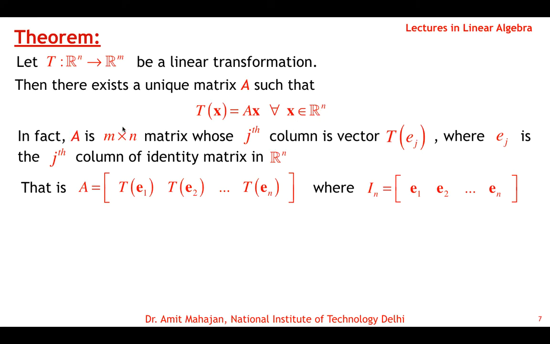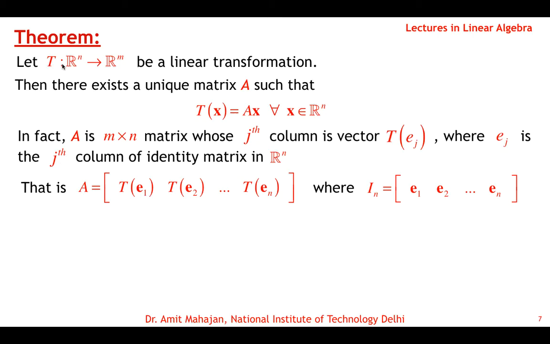In fact, this matrix A is an m cross n matrix, as we said earlier, whenever the transformation is Rn to Rm, whose jth column is the vector Tej, where Ej is the jth column of the identity matrix in Rn.